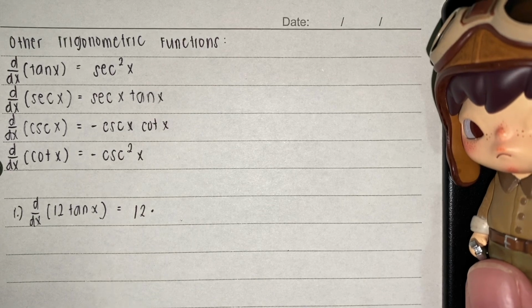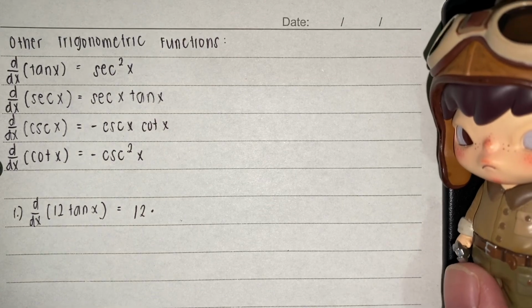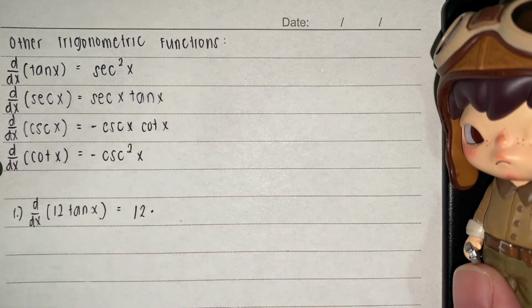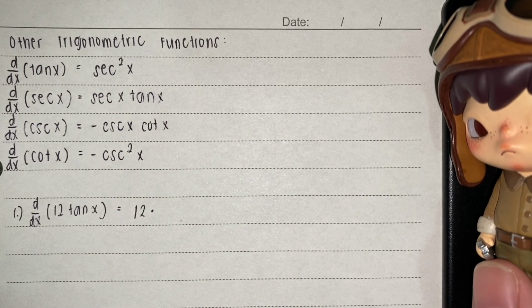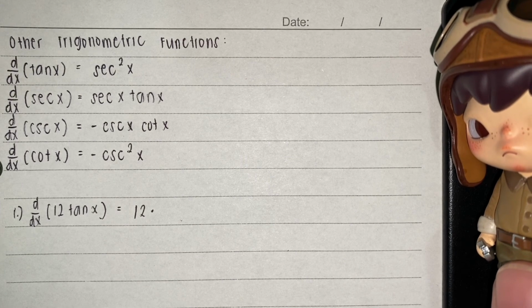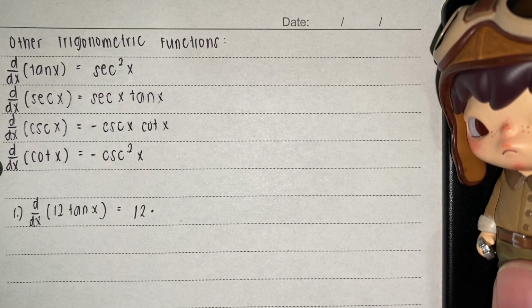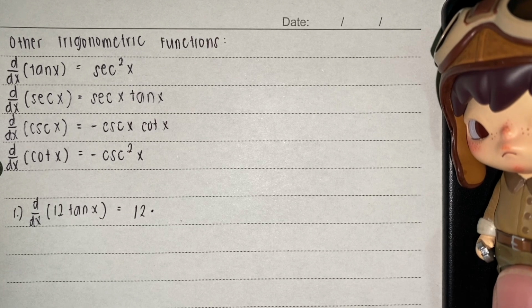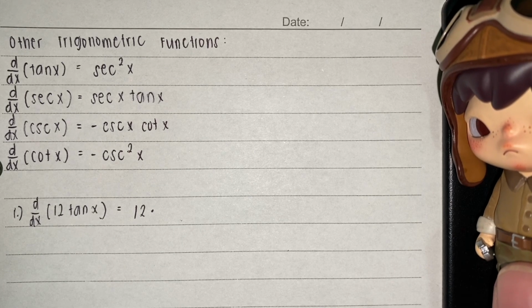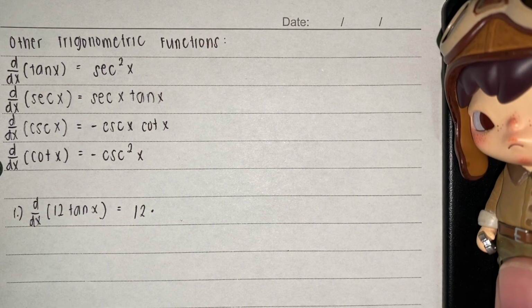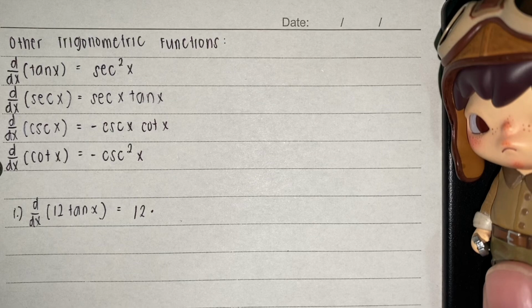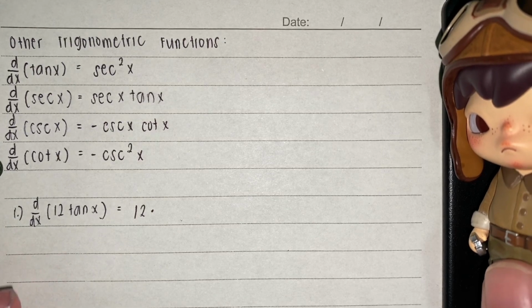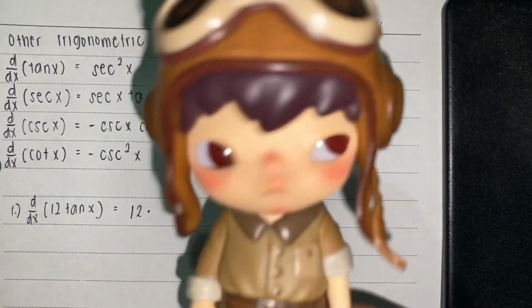If you remember, in our basic differential rules video we've already tackled the derivative of sine x, which is cosine x, while the derivative of cosine x is equal to negative sine x. So now we're going to tackle the remaining four. Without further ado, let's get right into it.